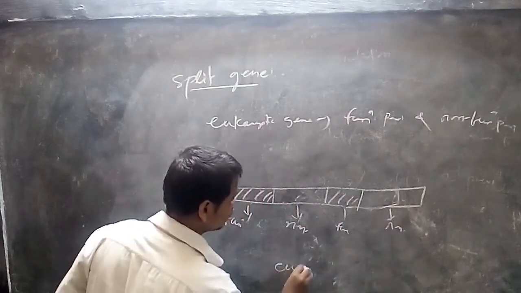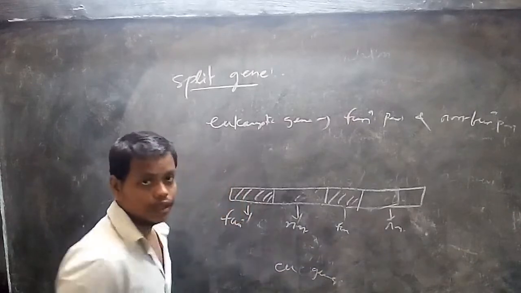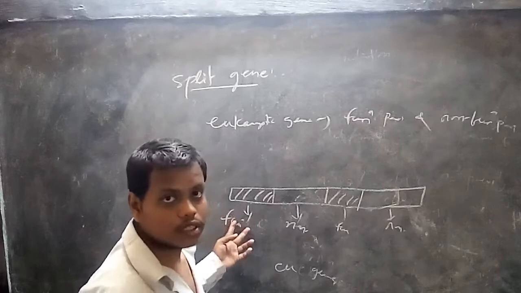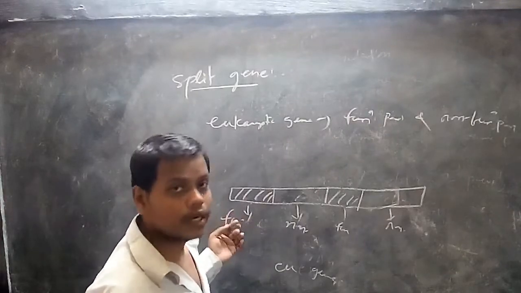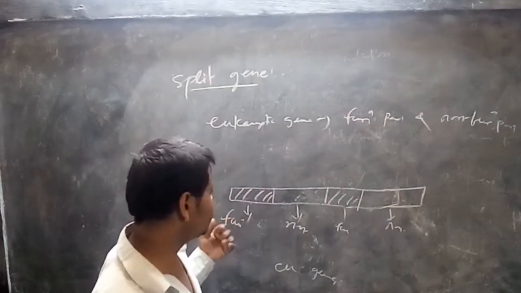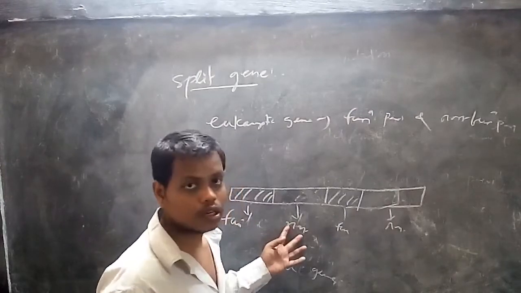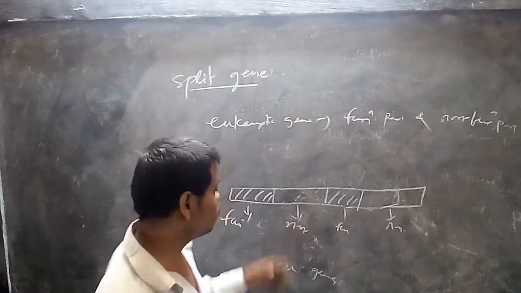This is the eukaryotic gene. In the functional part, protein synthesis and polypeptide chain formation occur, and the non-functional part does not have any function. That's why it is non-functional.